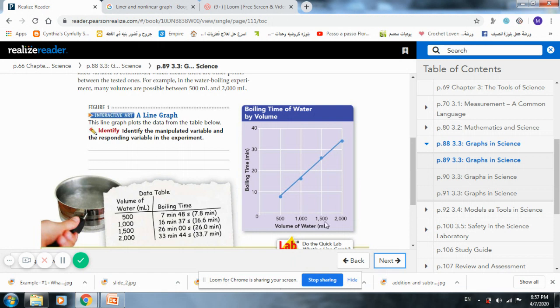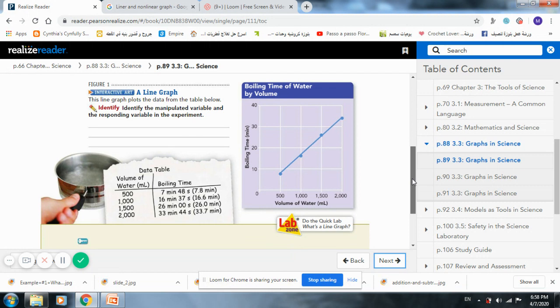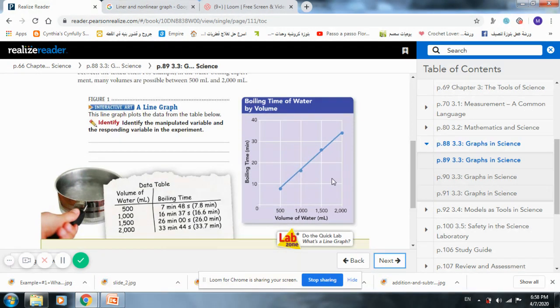For 1500 milliliters, approximately 25 minutes. For 2000 milliliters, 33 minutes. So what we can find here is that if we increase the size or volume of water, then the boiling time will increase too.